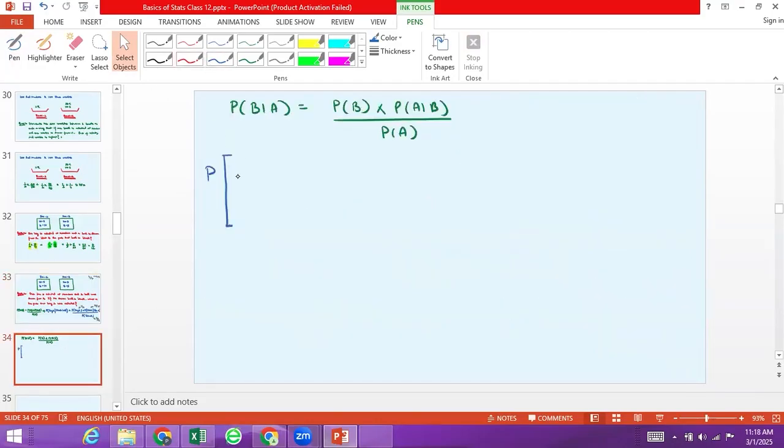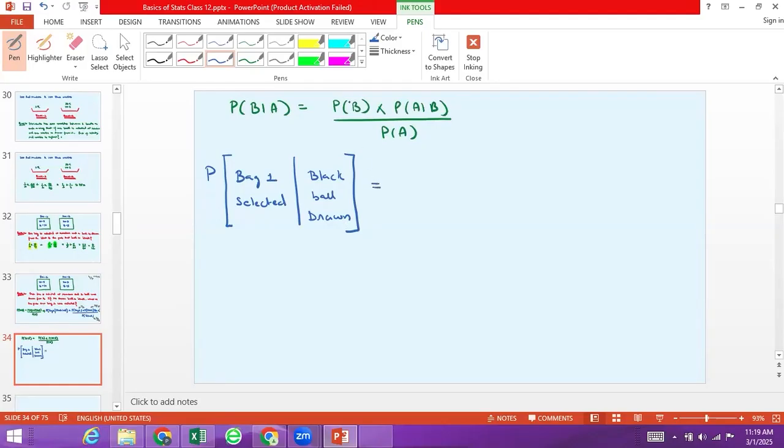So the first part is bag 1 selected, given that black ball was drawn. It is not the probability of black ball. It is the probability of drawing a black ball. That if you choose a ball, then it is black.